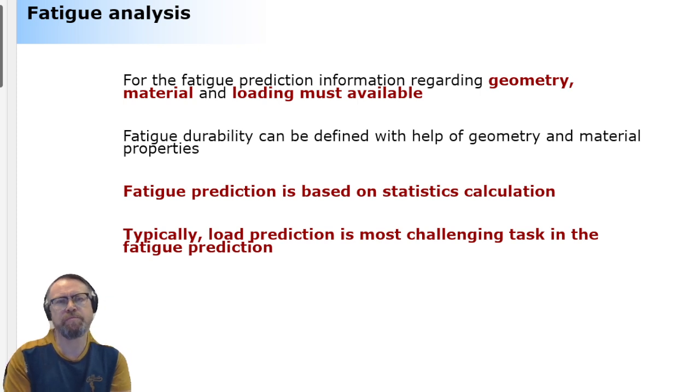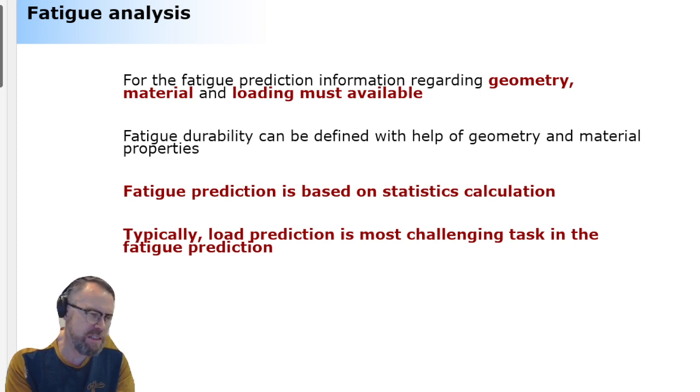And it's important to keep in mind that fatigue is a statistical thing. So you cannot say for sure that every single machine is going to break after this amount of hours, but you can say what percentage is probably damaged after this and that number of hours. So probability is a big part of fatigue life prediction, and this is good to keep in mind.